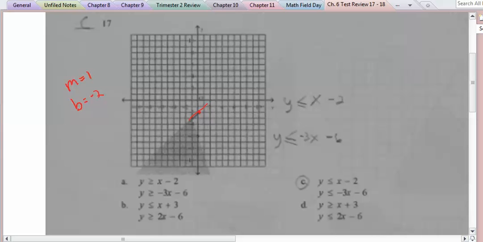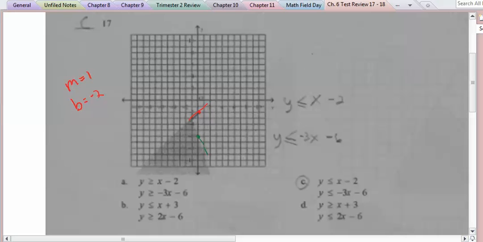That's that line. And then down here, the y-intercept is right here, and that's at 1, 2, 3, 4, 5, 6, so at -6 is this line right here.